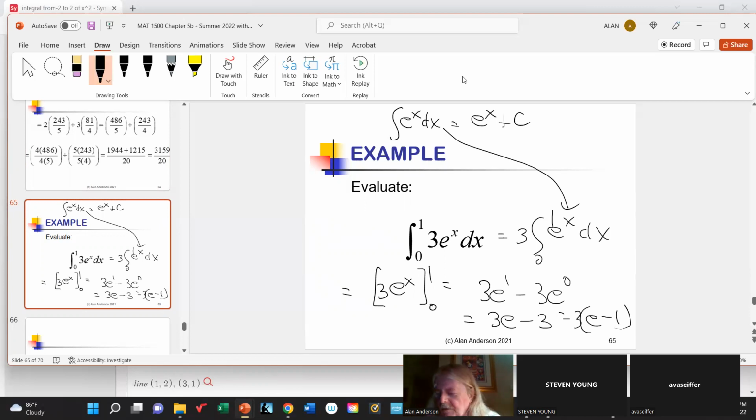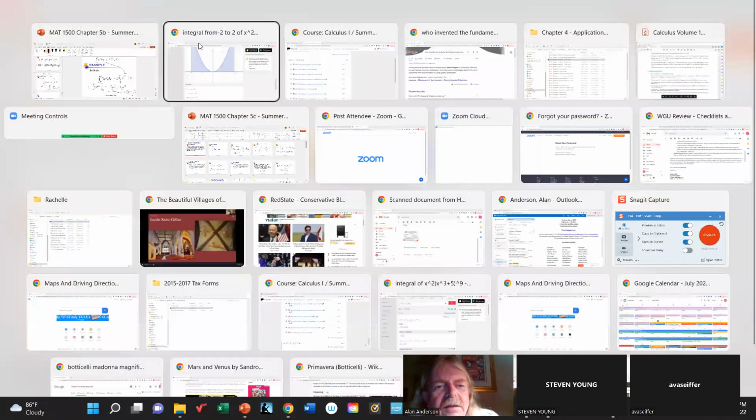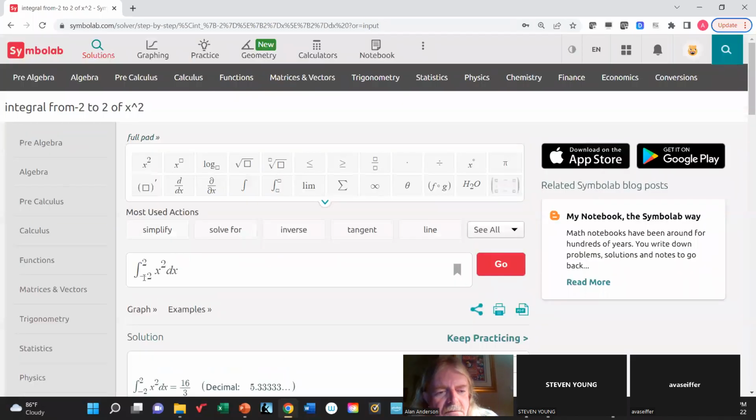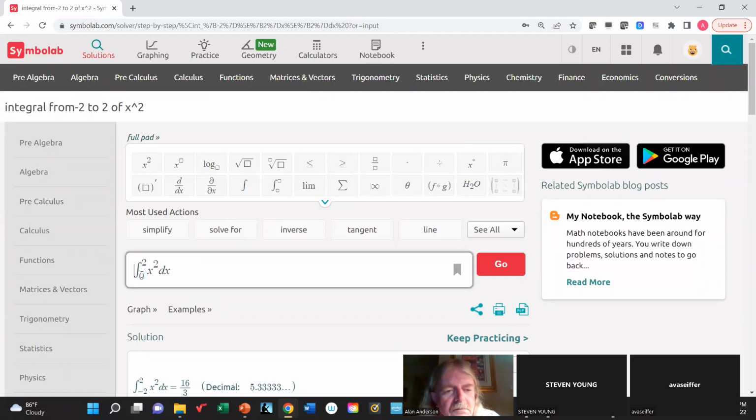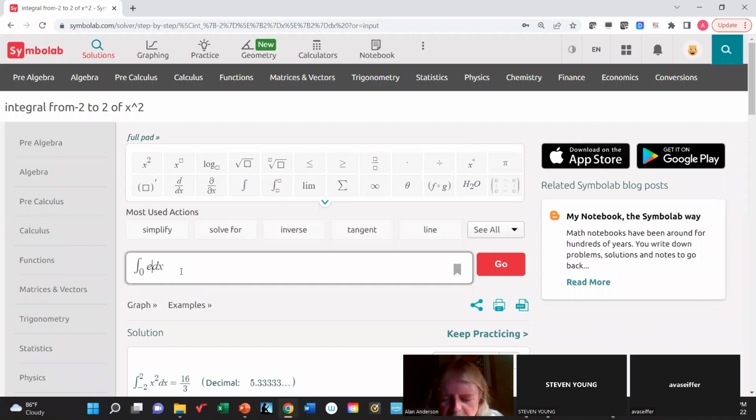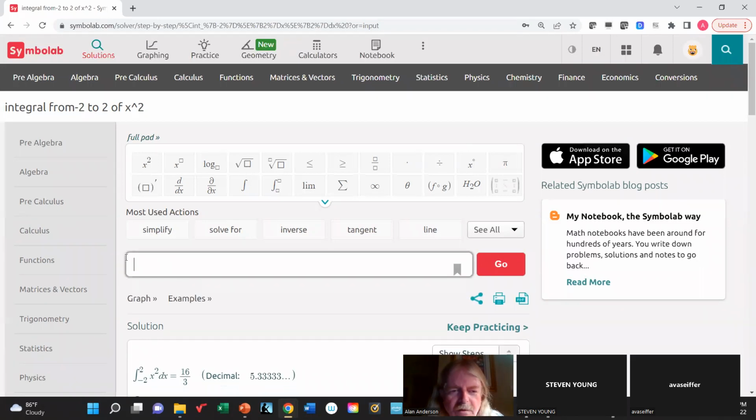So let's try Symbolab. Now, of course, Symbolab can not only do the calculations, but it can do the graph, which is a very big feature. Let's try that. I'm dying to see what it looks like. I'll start it all over again.